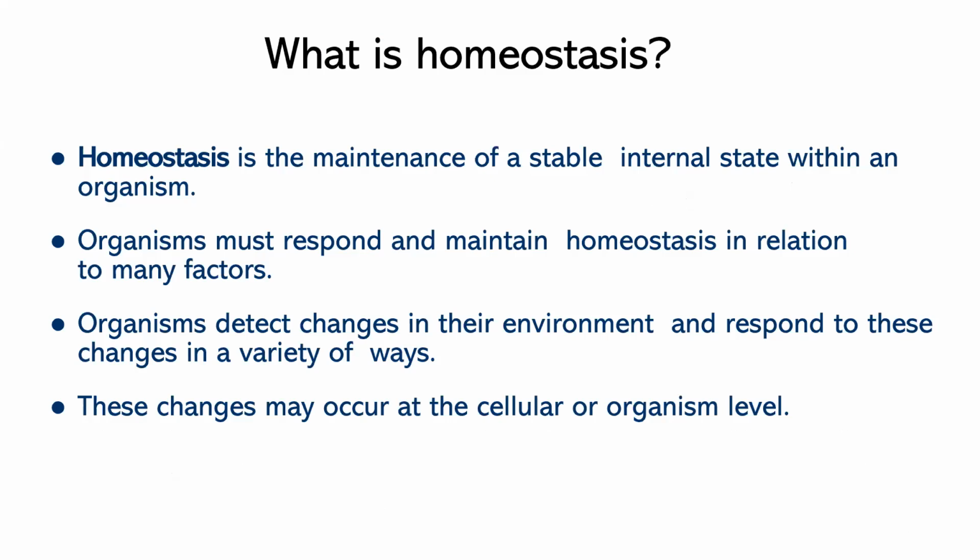The body may be subjected to so many different things, and the body should still be able to use hormones and other things in the human body to keep it regulated. Sometimes these changes can affect the cellular or organism level, but homeostasis is what we call the maintenance of a stable internal state.